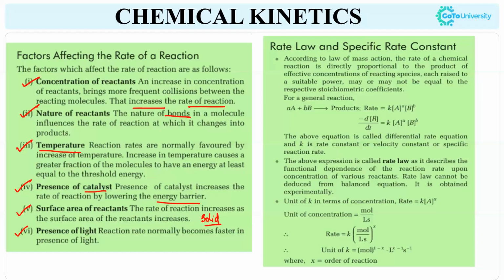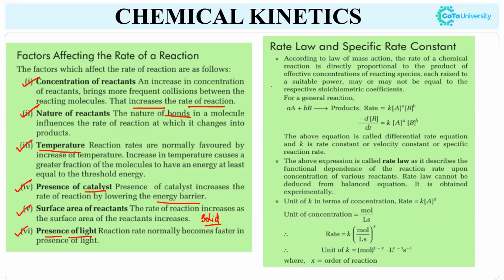So when the surface area is increasing, the collision chances will increase, and the rate of the reaction will increase. That's it. Okay, and the next one is the presence of light: the reaction rate normally becomes faster in presence of light, but this is not for all reactions. This is for some specific or rare reactions only. So the first five factors are very important.